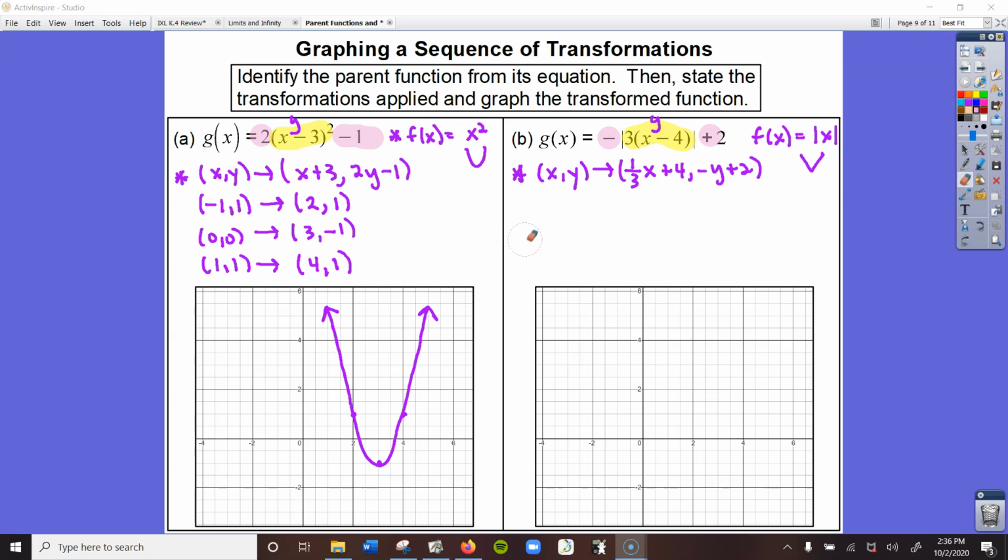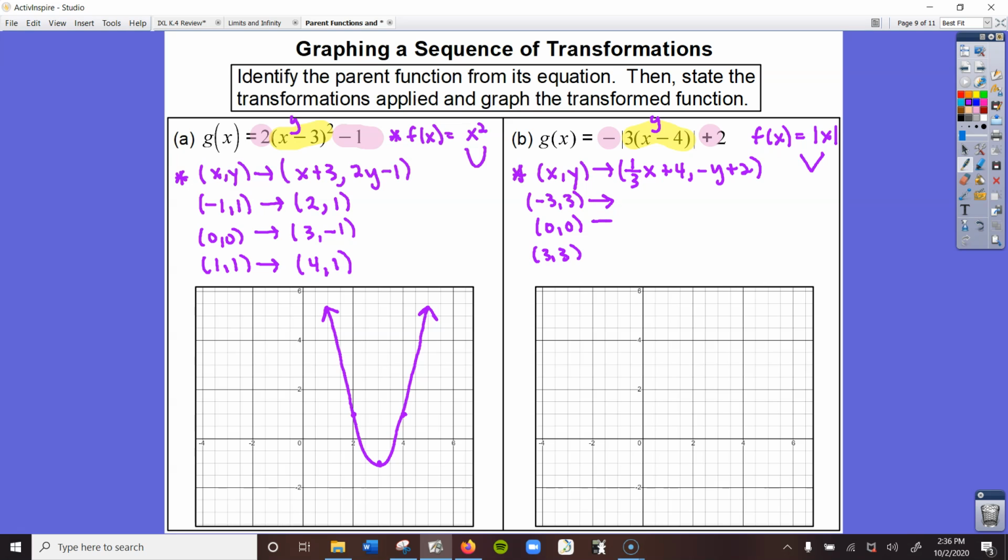So now I'm going to choose the reference points that I'm going to use to graph my absolute value function. Now notice that I'm going to have to divide the x's by 3. So like a previous example, when you're dividing by a number other than something that's easy to graph, like 1/2, I'm going to go ahead and choose reference points that are going to be easily divisible by 3, which would be (-3, 3) for the left side, (0, 0) always for the vertex, and (3, 3) for the right side.